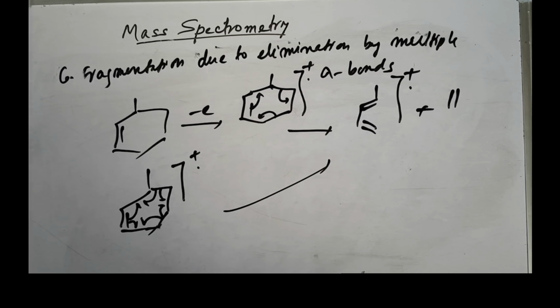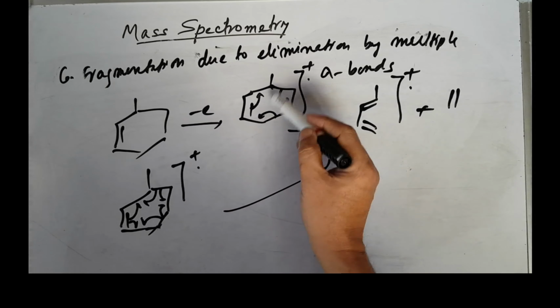First one is fragmentation adjacent to the branching point, and second one is fragmentation due to loss of small molecules. I'm giving examples also. Then we have fragmentation due to movement of one electron, fragmentation due to movement of two electrons, fragmentation to give the more stable carbocation, and lastly we have fragmentation due to elimination by multiple sigma bonds.